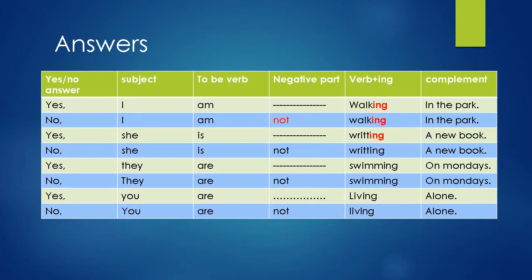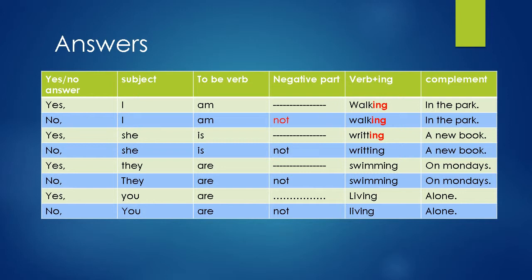In negative sentences, we have no, and then the same structure as a negative sentence. I mean, subject, to be verb, negative part, verb plus ing, and complement.